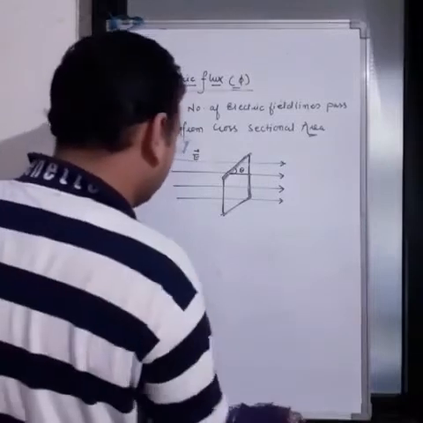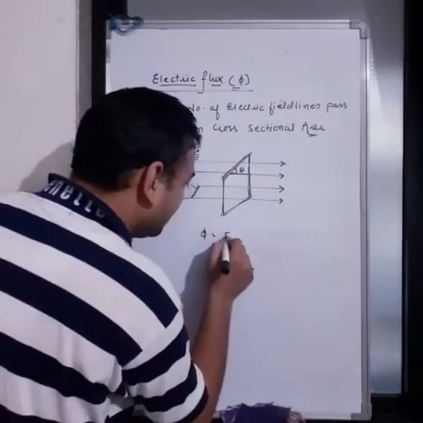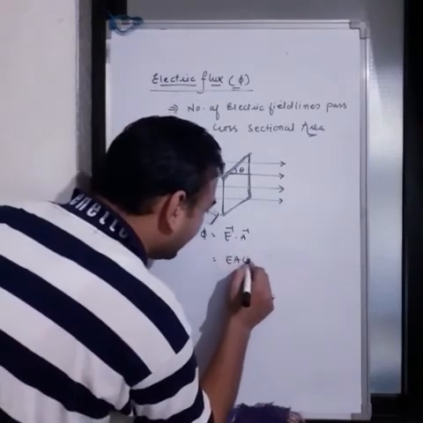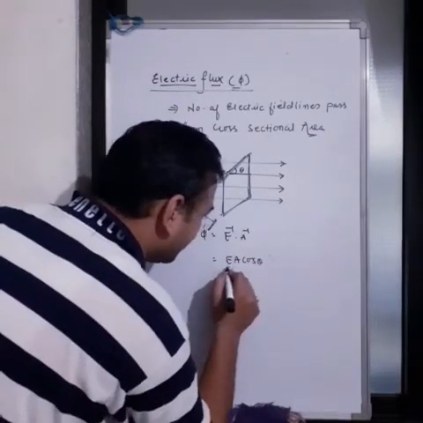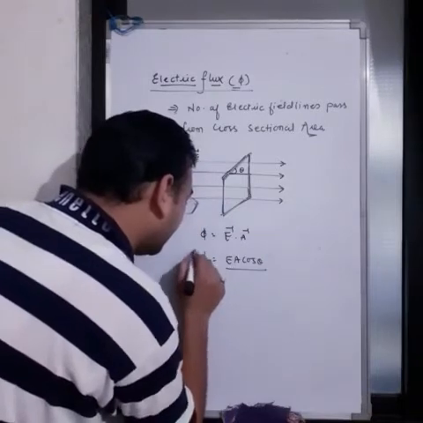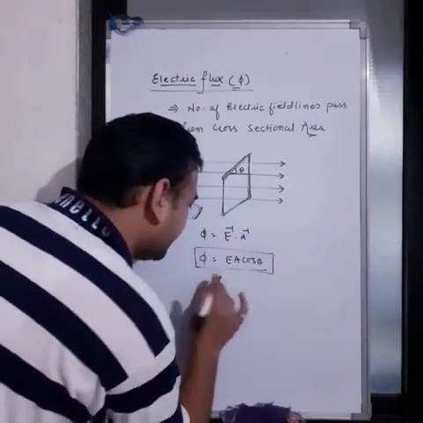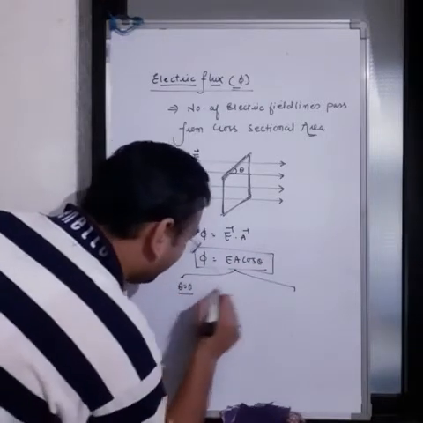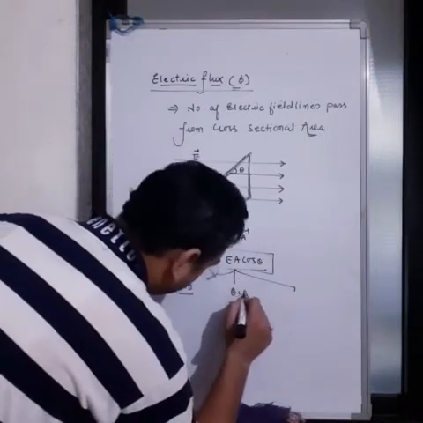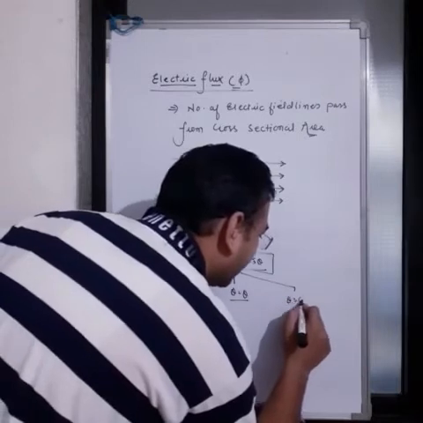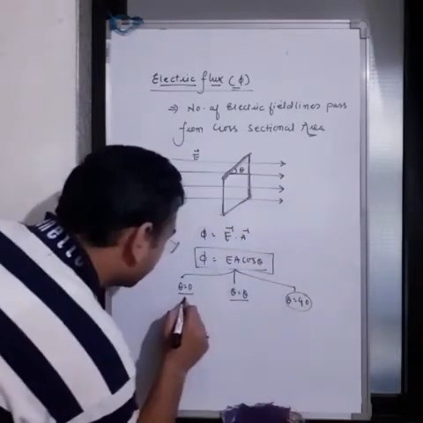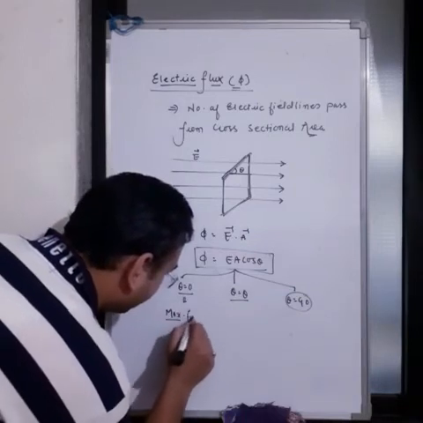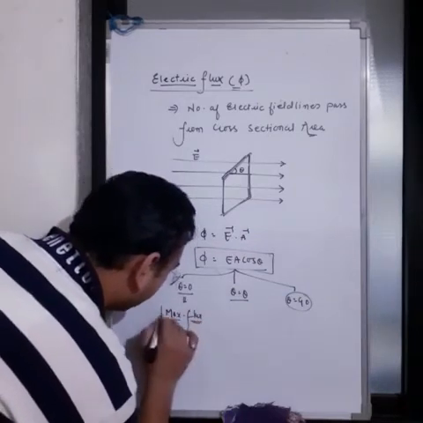So we can write phi is equal to E dot A. So it is EA cos theta. Here we can consider the flux in three different cases: if theta is 0, if theta is any angle, and if theta is 90. If theta is equal to 0, then we obtain max flux.